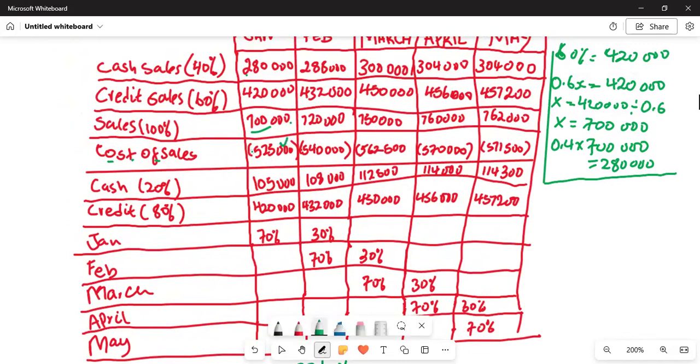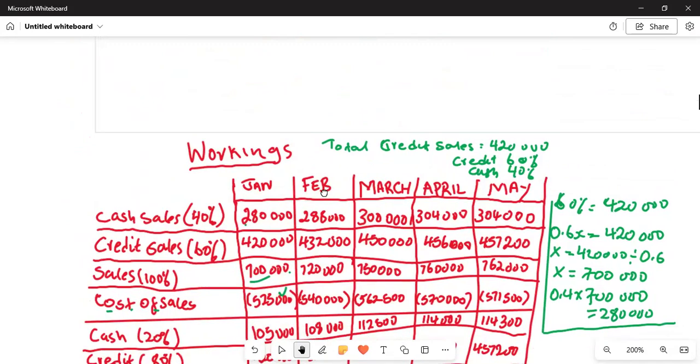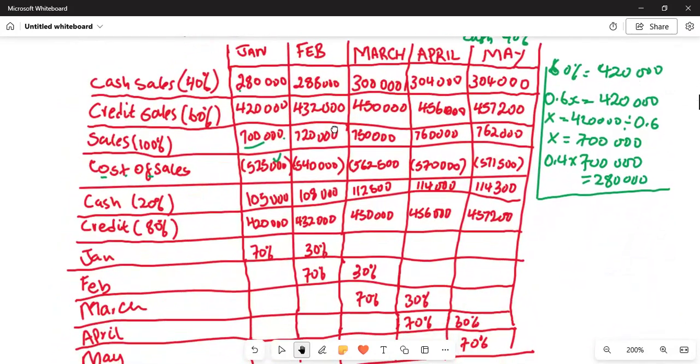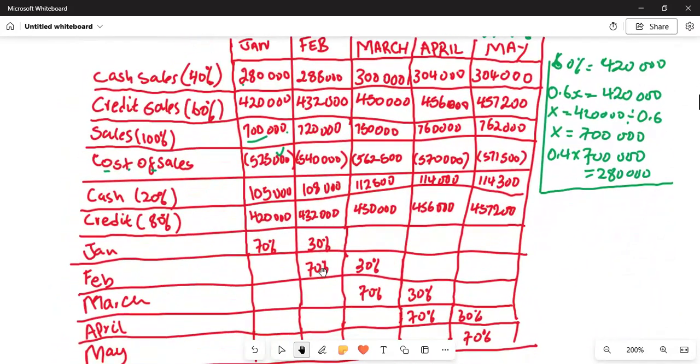We are going to do the very same thing for February, March, April, May when we calculate the cost of sales. That is how we came up with these amounts under the cost of sales.